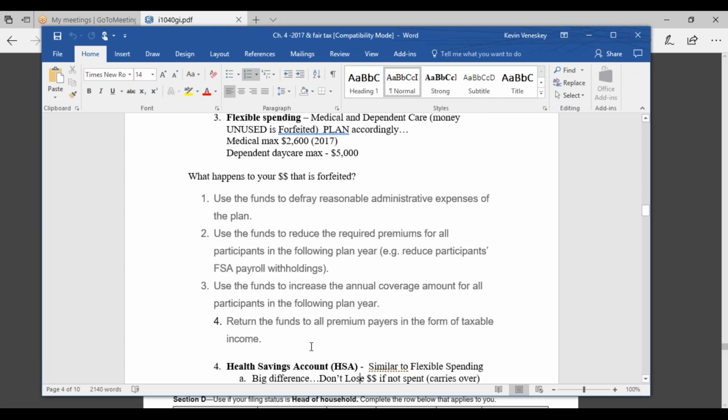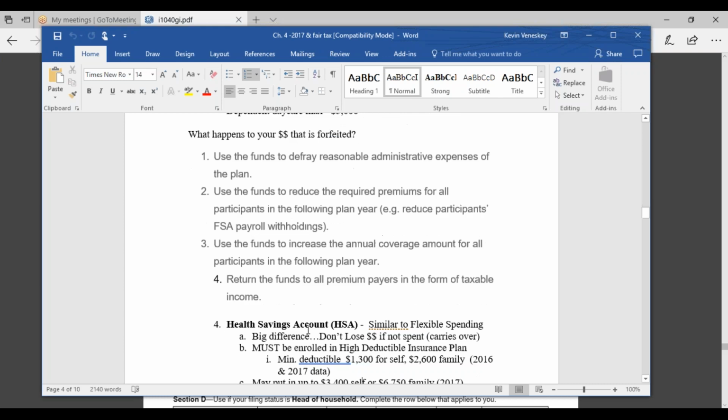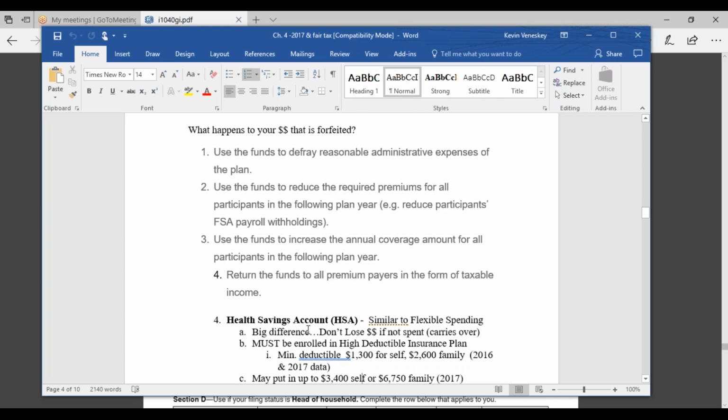Here, I thought it was interesting. I actually called up our human resources individual a long time ago and kind of got the lowdown of what happens if you put money into a flexible spending and it doesn't get used. I thought this was pretty interesting. Mainly what happens is when you have a flexible spending account, you have it set up through a third party, through some other third party bank.